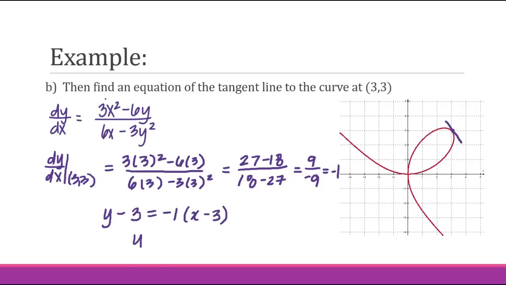That's in point-slope form. If we want to put it in slope-intercept form, we're going to end up with negative x plus 6 as our equation of the tangent line. And we can see that if we extended this line, we would hit a y-intercept of 6 with that slope of negative 1. So here is my slope-intercept version of the equation of the tangent line.